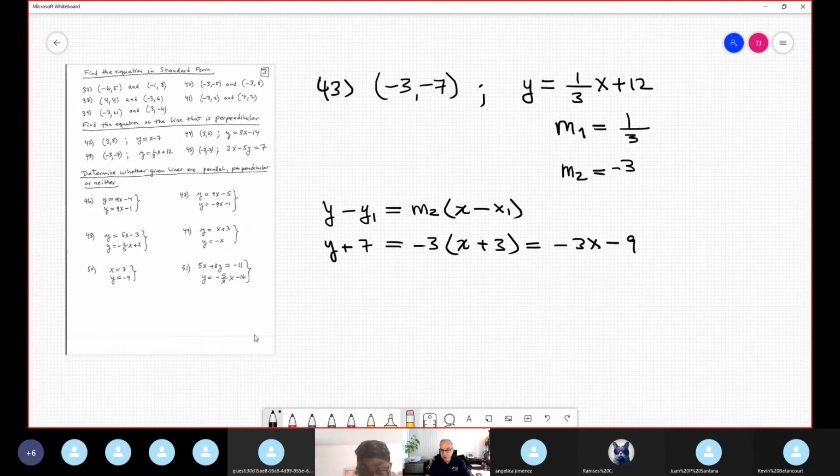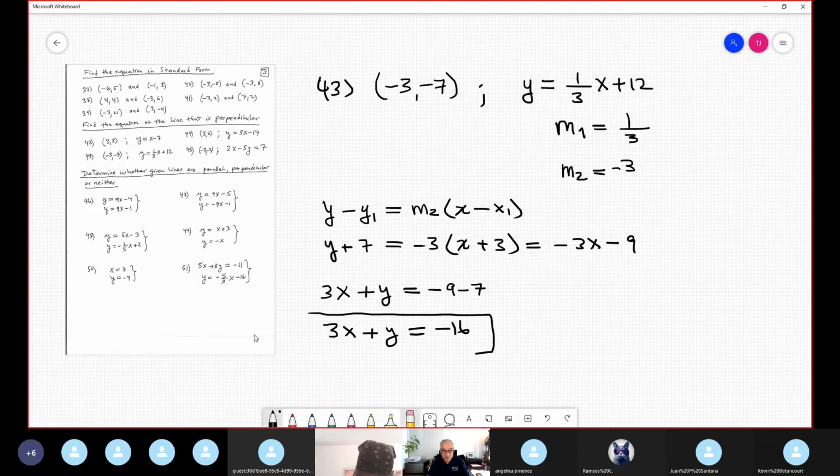If you want to express it in standard form, you put the variables to the left. This is 3x positive plus y on the left-hand side, and the right-hand side stays negative 9, and I bring 7 to the right like a minus. It's 16. So 3x plus y equals minus 16.